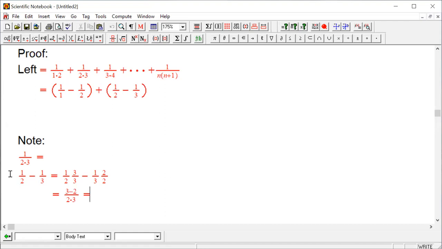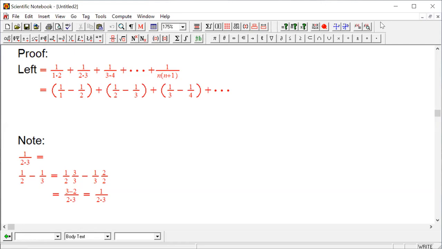And that is the same as 1/(2 times 3). Do you guys see that? And you can do this for all of these, okay? So we keep going. So 1/(3 times 4) is equal to 1/3 minus 1/4. The same thing would also apply. So we just keep going.